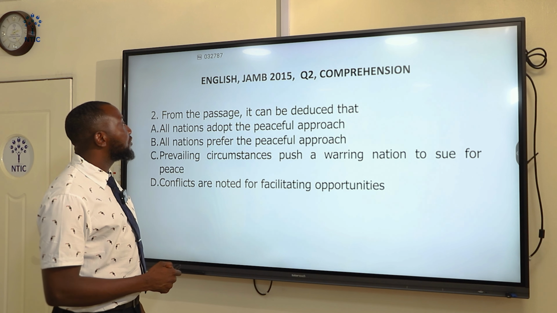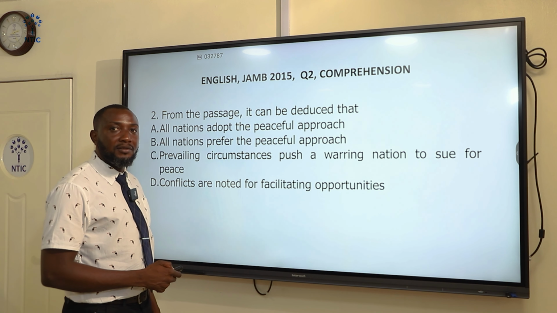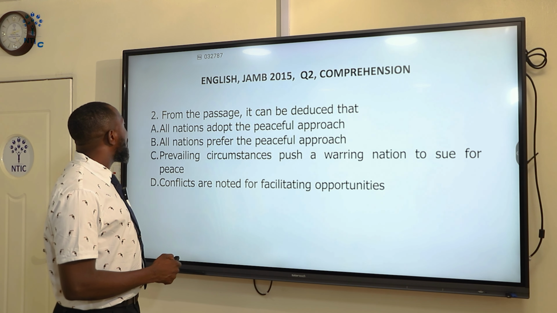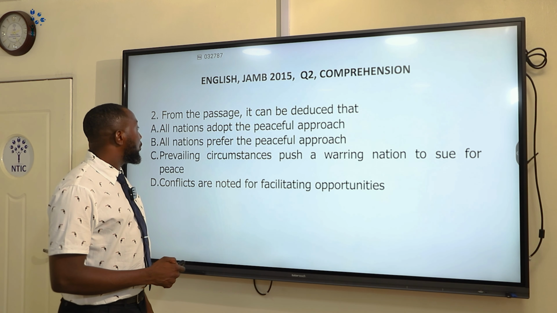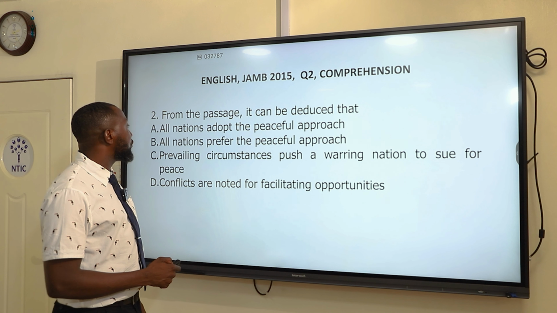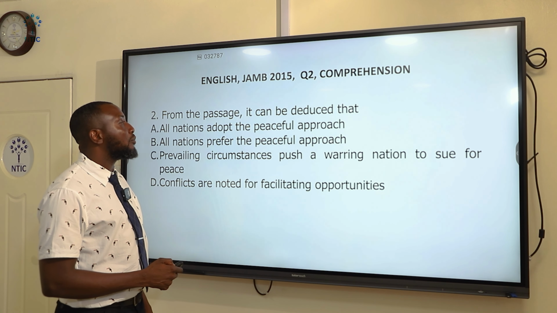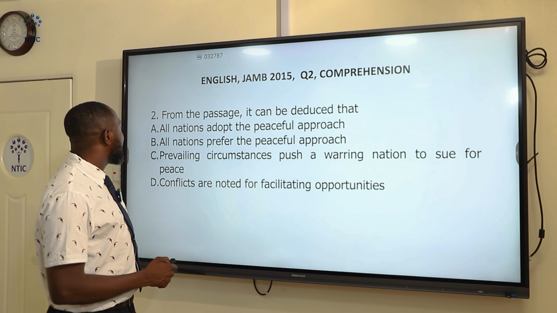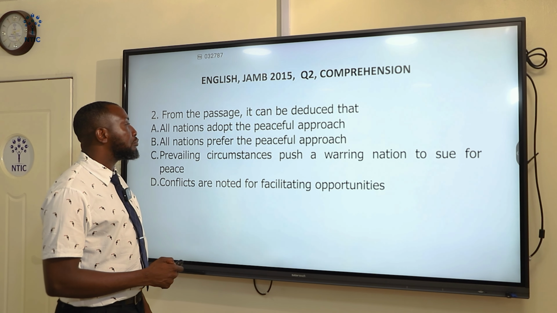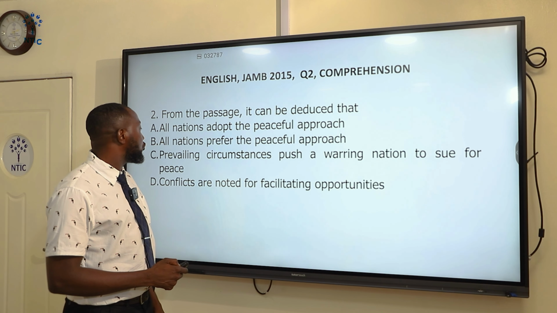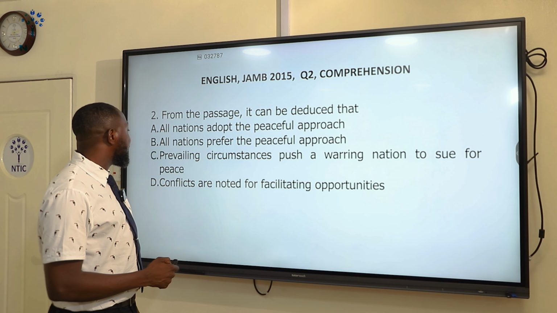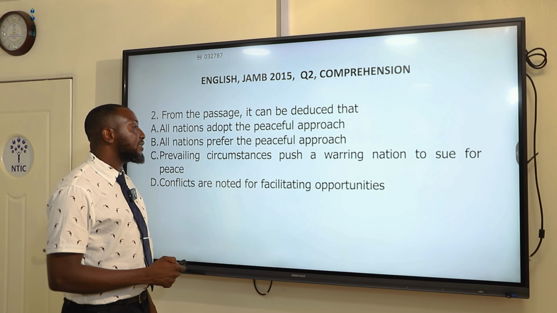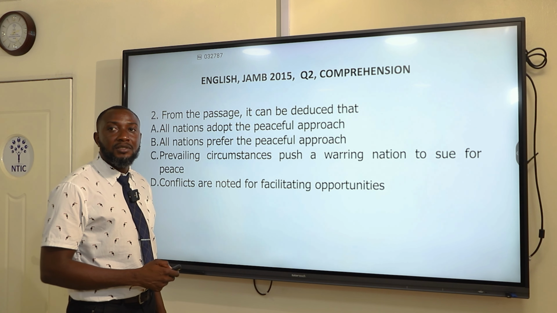From the passage, it can be deduced that: A, all nations adopt the peaceful approach; B, all nations prefer the peaceful approach; C, prevailing circumstances push a warring nation to sue for peace; D, conflicts are noted for facilitating opportunities.